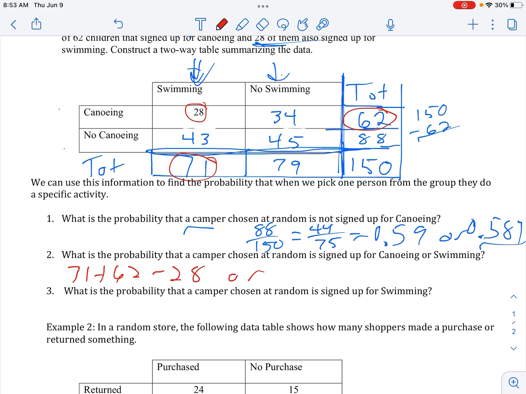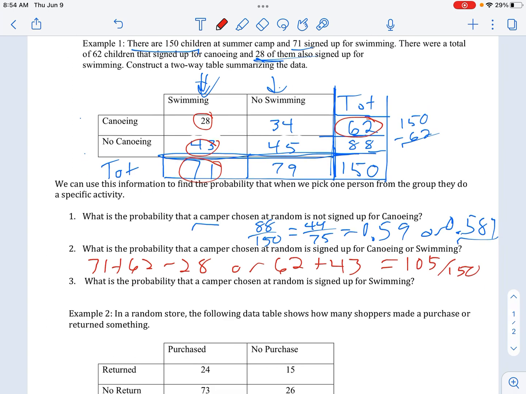Or you choose one of them, like canoeing, take the 62 plus the others that also swim but were not included, so plus the 43. Either way, you should get 105, and that's out of the 150.